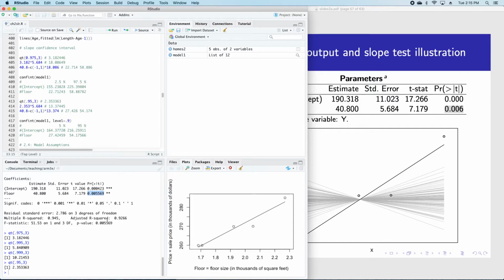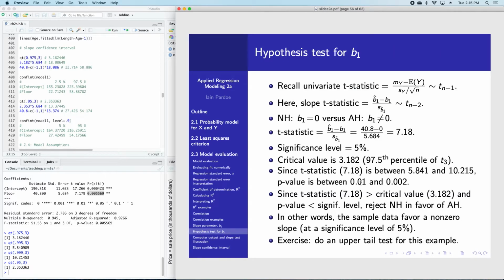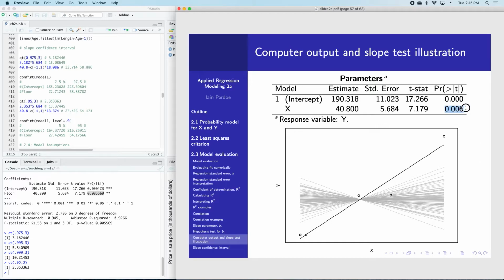And this is a two-tail p-value. Before, when we did our calculations, we estimated that the p-value was in between 0.01 and 0.002. Well, in fact, it's 0.006 if you let computer software calculate it exactly. So that's a hypothesis test for the slope.